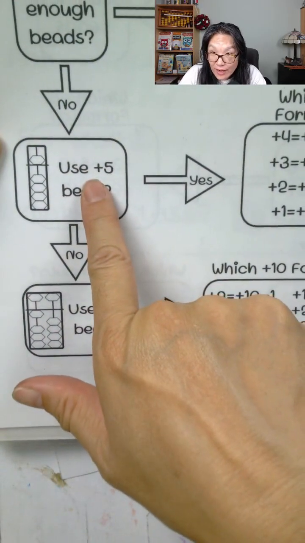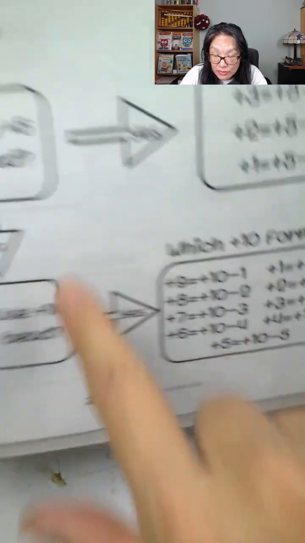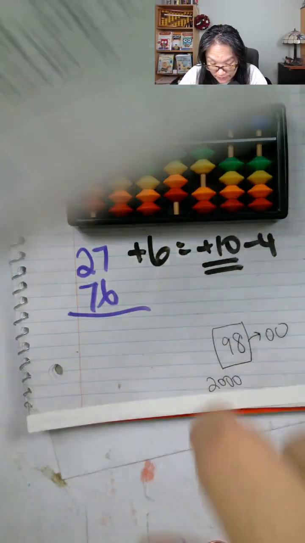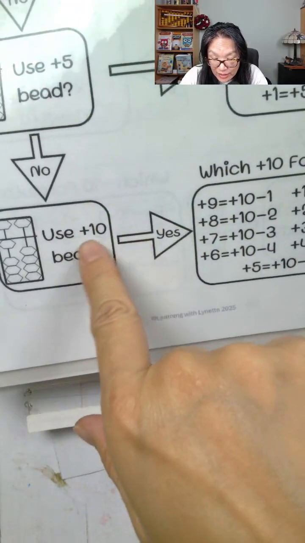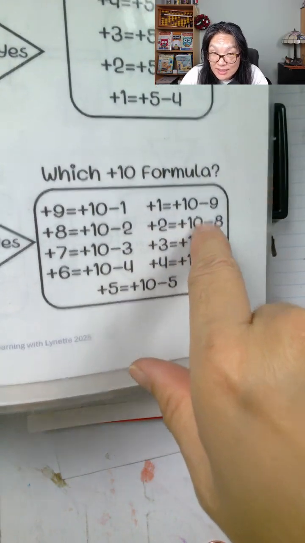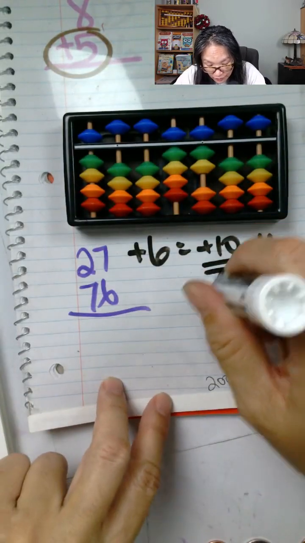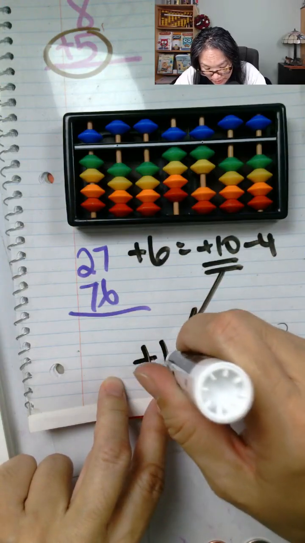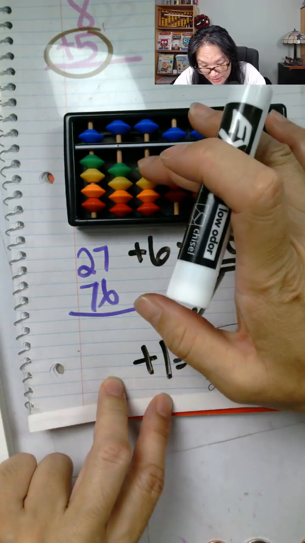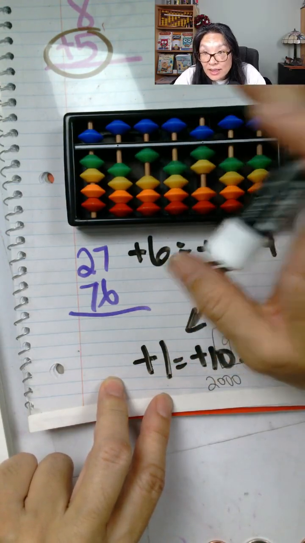Can I add the 5? No, I cannot add the 5 because I'm already using it. And then I have to go to add the 10. Adding the 10 is what? Plus the 10 minus the 9. So over here, plus 1 is equal to plus the 10 minus 9.